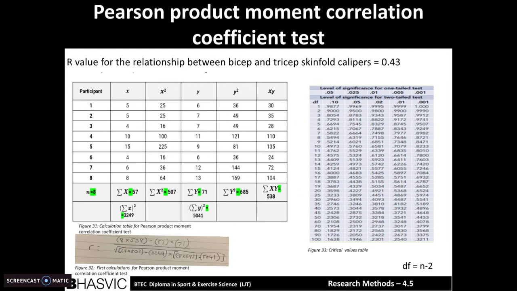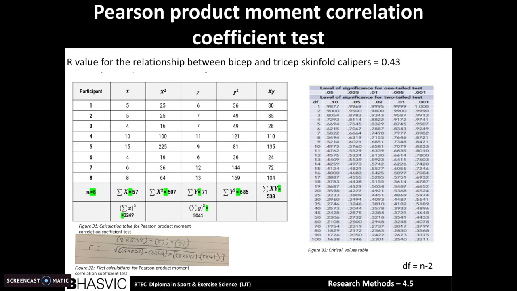Then I multiplied 807 times 439 to give me 354,273. Then the square root of that number was 595.2083669.